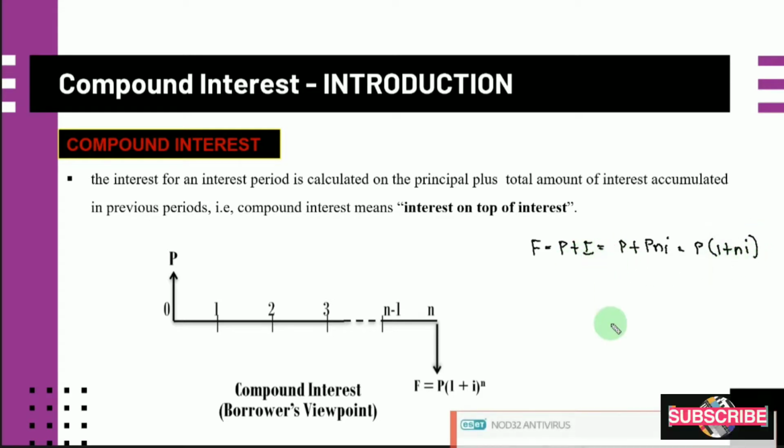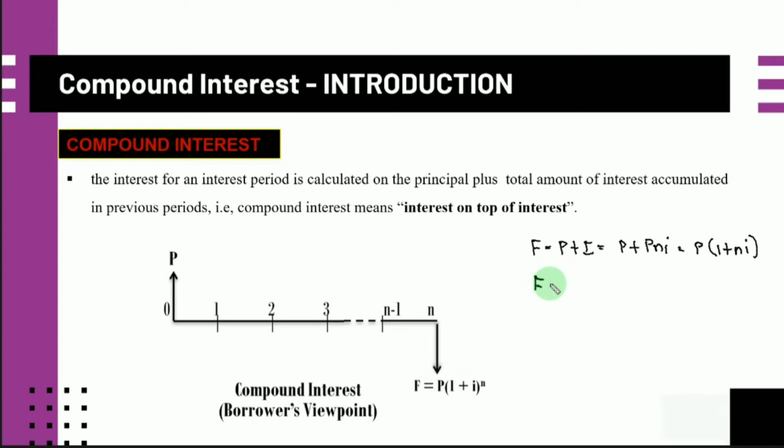That is for simple interest. But as you can see, in the future worth for compound interest, the difference is that F is equal to P times 1 plus i raised to the n.